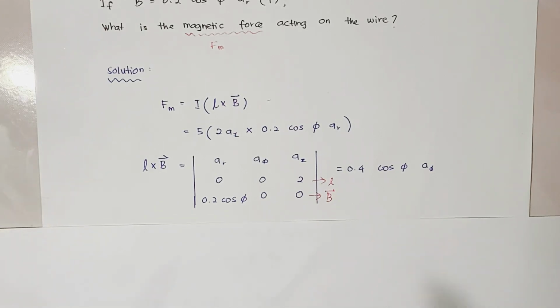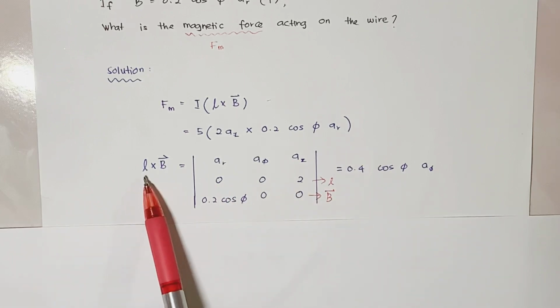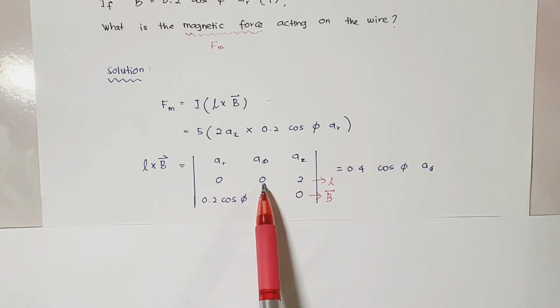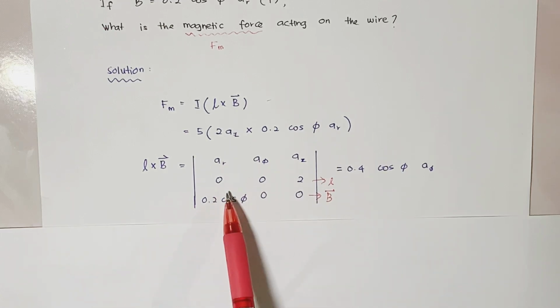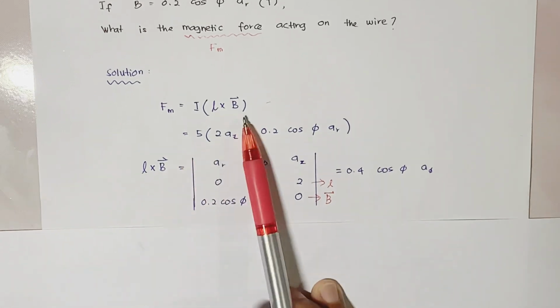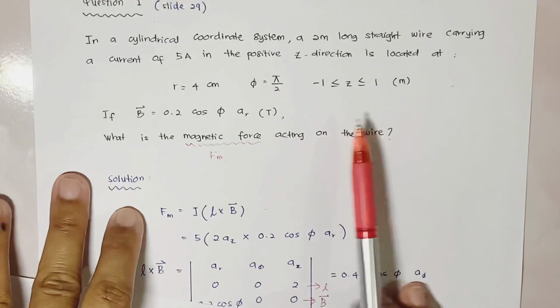The first row is for L. We know that L here is 2 AZ, so you just need to put 2 under the AZ column, and for AR and AP simply put 0. For vector B, you already know that it is only in the AR direction.